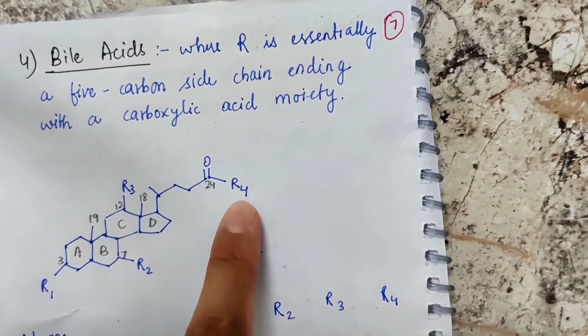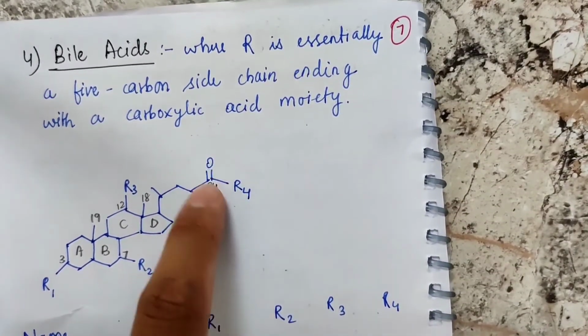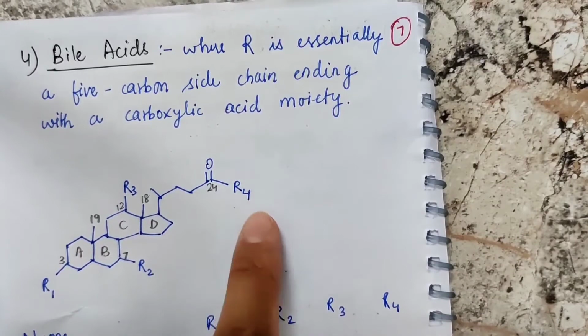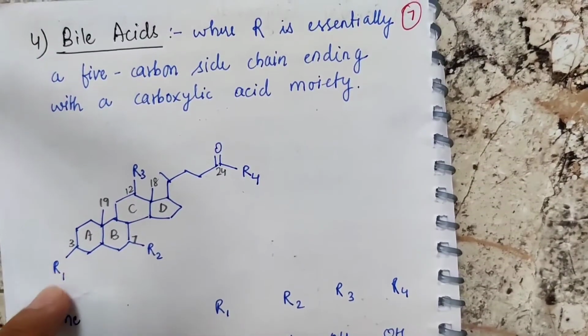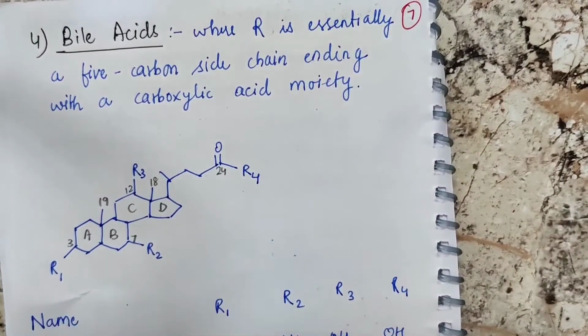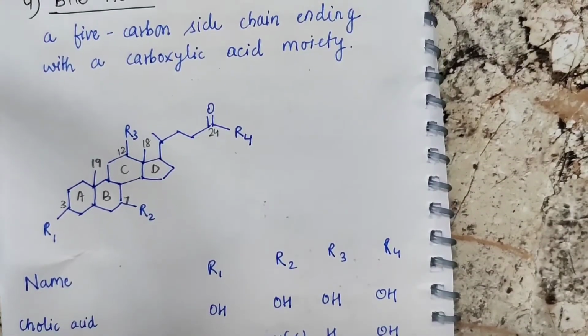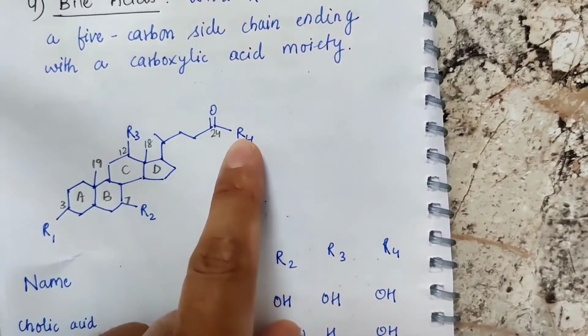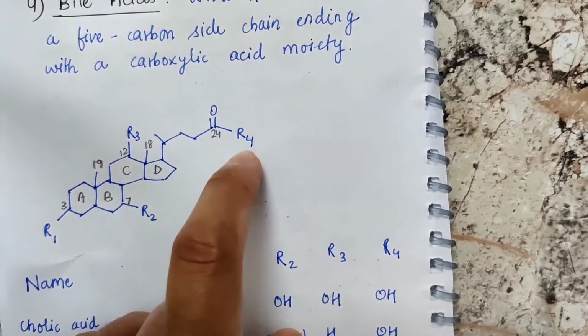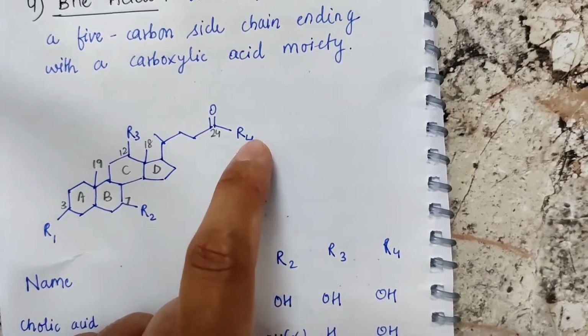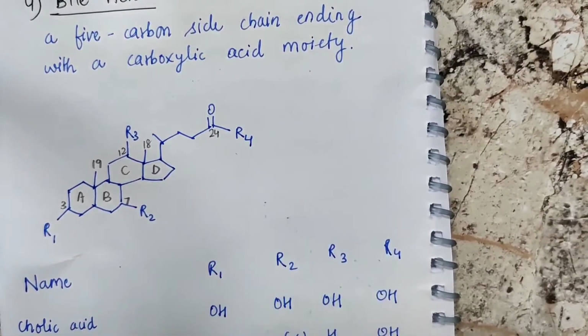This means R4 is a hydroxy group, then only it will be a carboxylic acid. Now the name depends upon the substituents. Here we have R1, R2, R3, R4, 4 different substituents. In bile acids, R4 will always be a hydroxy group, then only it is a carboxylic moiety. So this is fixed, R4 will be OH.